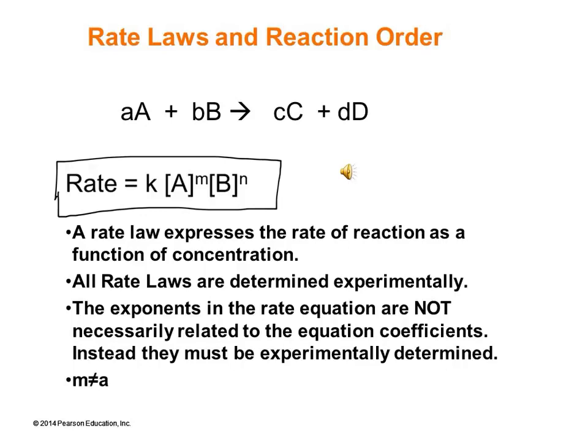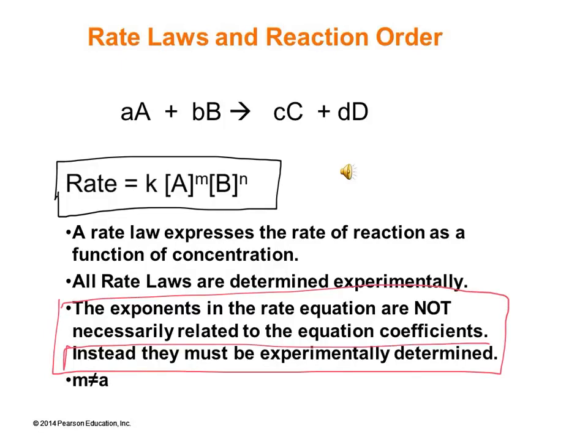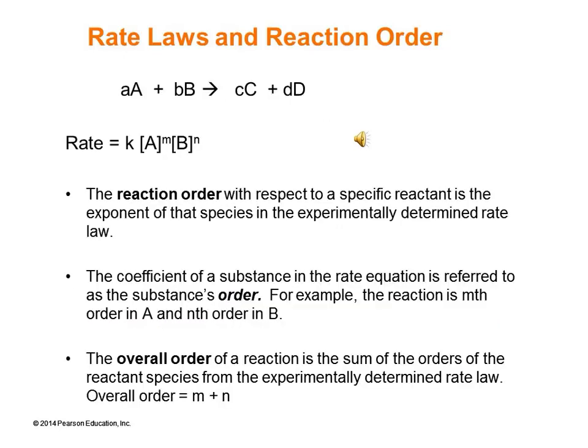You cannot look at the chemical equation and determine the rate law. You have to determine them experimentally. They can only be determined experimentally. Fortunately, that's easy to do. We'll do it in lab. We will also take a look at some data right here in lecture. Let's keep moving.